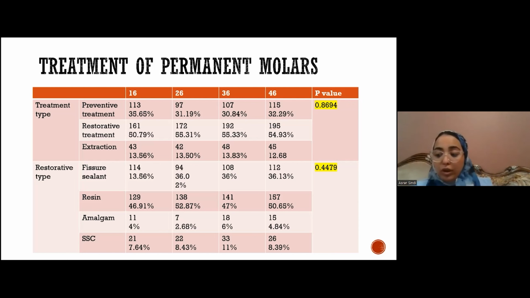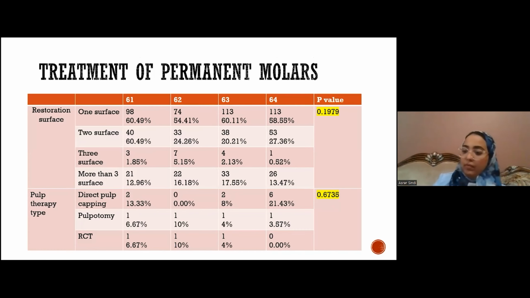The most common restorative treatment done in OR was resin, and the least used was amalgam. According to restoration surfaces, one surface is the most common, and three is the least. And pulp therapy is the most common treatment to the pulp in the OR, more than pulpotomy and RCT.